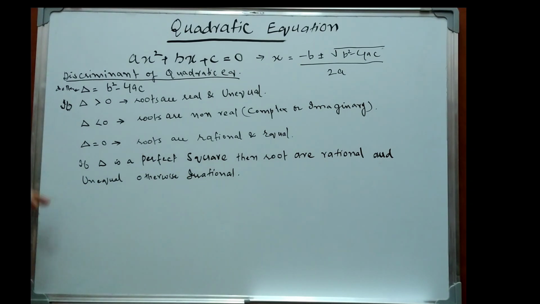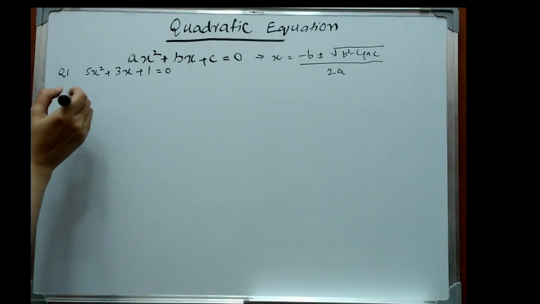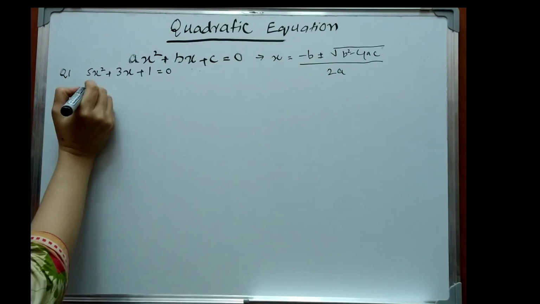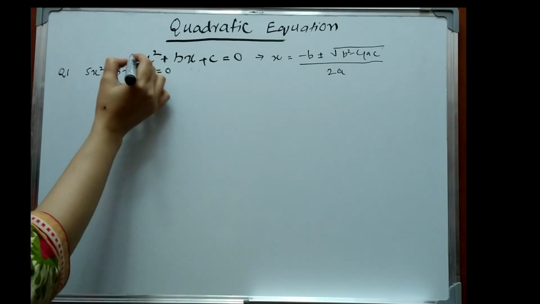Now, how the delta value helps to determine the nature of the roots, I will discuss with the help of an example. Consider the example 5x square plus 3x plus 1. We will compare this equation with the general quadratic equation.